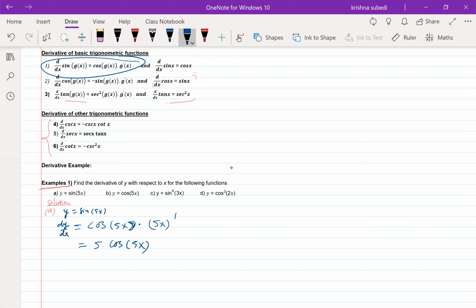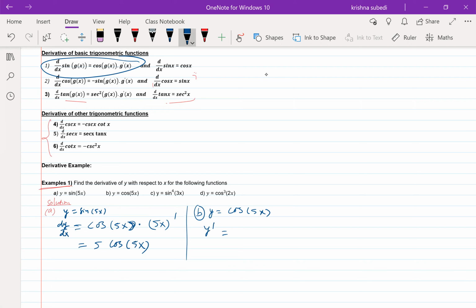Now, let's look at part B. Part B is y equals cos 5x. I want you to find it by yourself. So cos 5x using this formula number 2, it's the chain rule again.